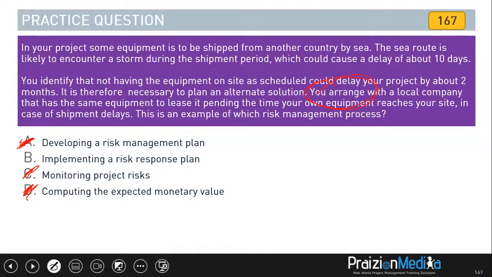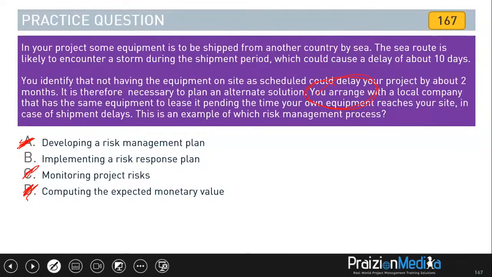C, you arrange with a local company. You have the equipment. We want to make sure we got your equipment to back us up. You're implementing a risk response plan. What you're doing is you are trying your best to stem the tide, the impact, if that risk happens.